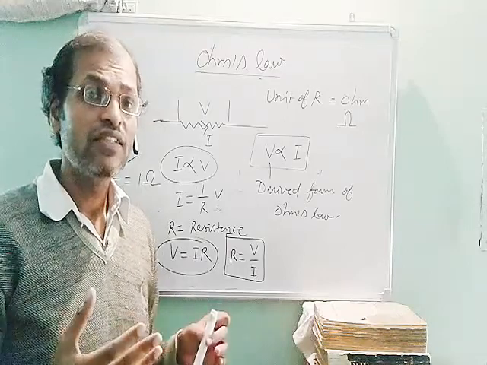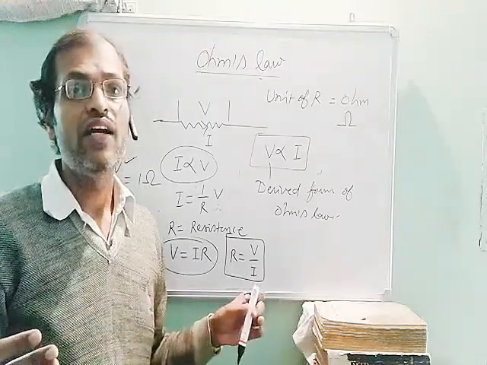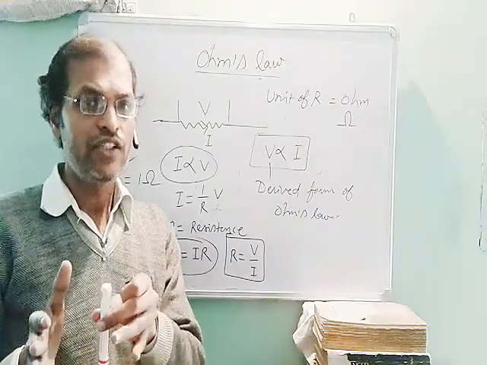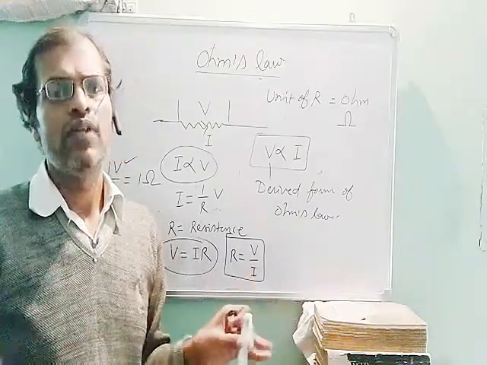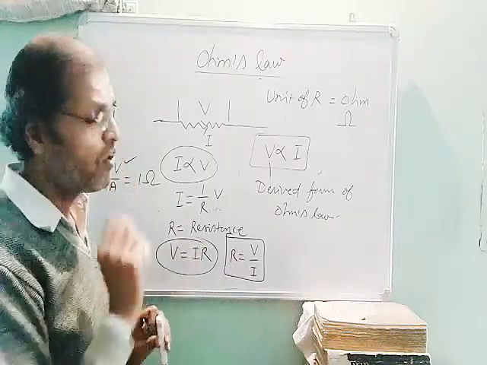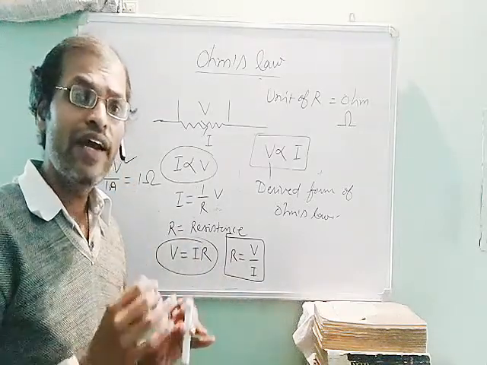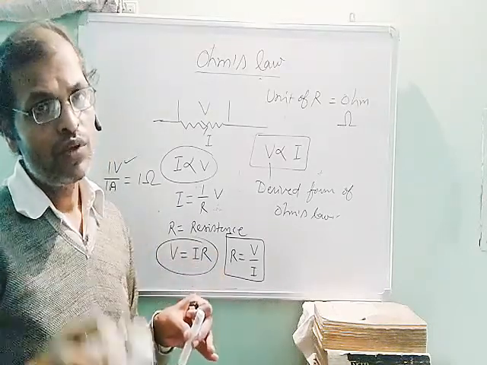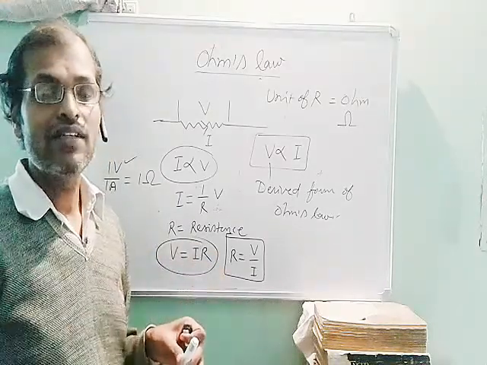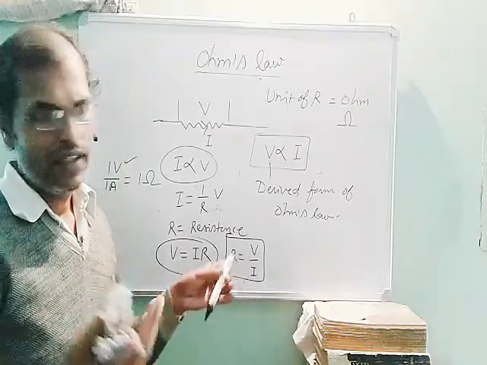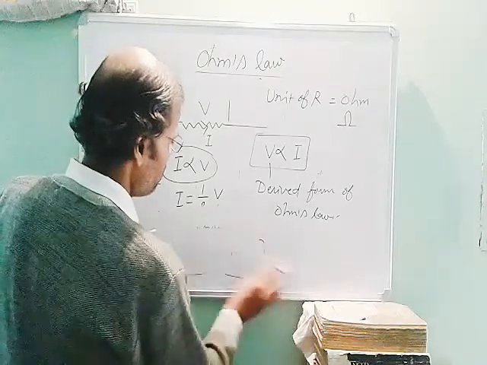Among all the metallic conductors, silver has the least resistance value. Okay. On the basis of R values, you can categorize different substances into good conductors, bad conductors, intermediate conductors, etc.